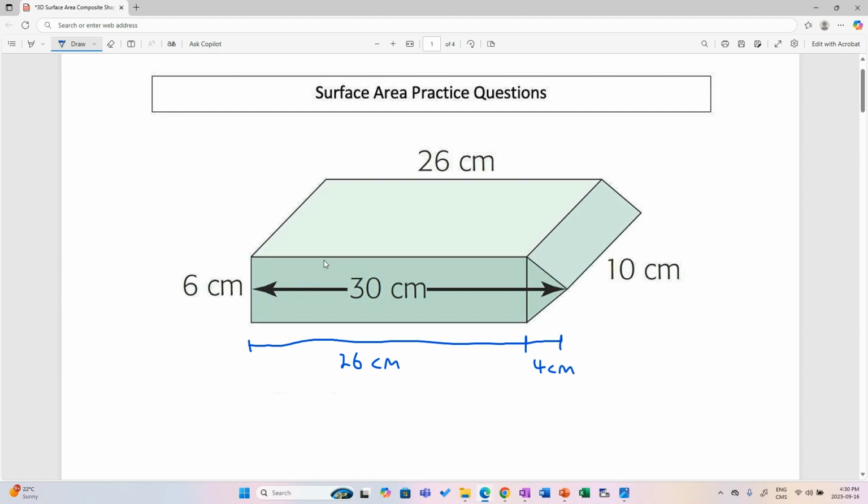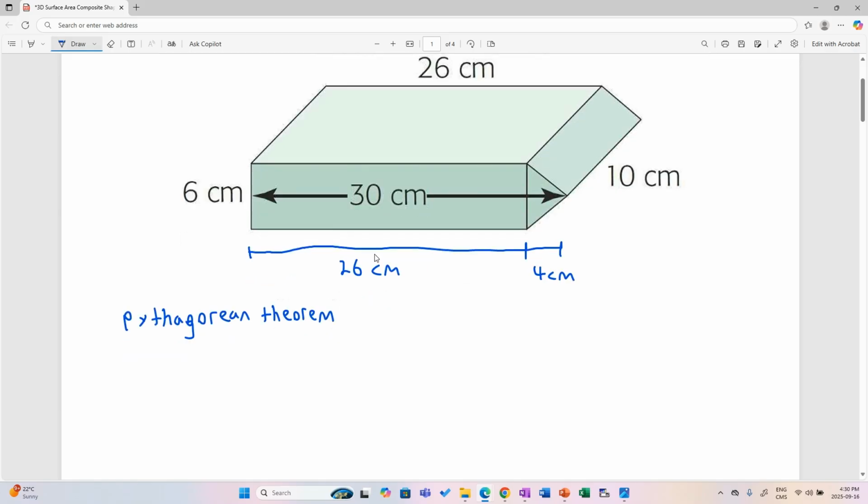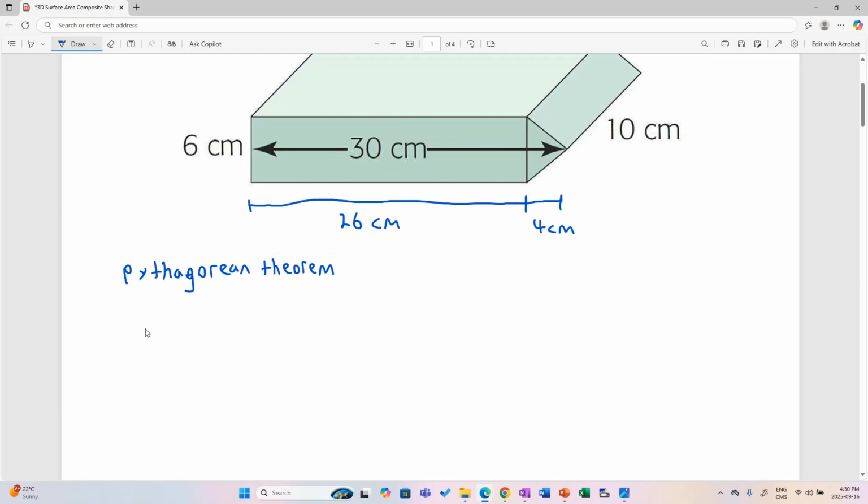Okay, next thing I'm going to do, I'm going to end up needing this length here to calculate the area here. So I'm going to find it. If you recall, there's this thing called the Pythagorean theorem. So initially this triangle here looks something like this.